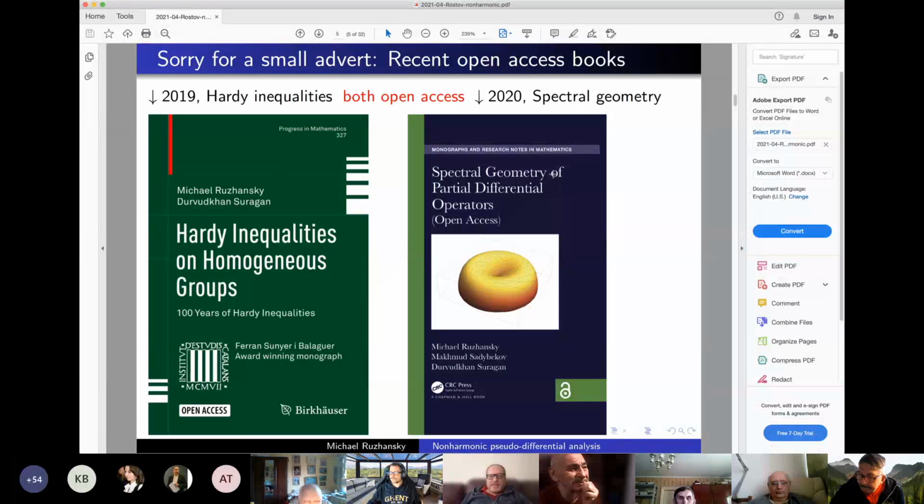And then another one, spectral geometry of partial differential operators. These are not related to this talk, but both books are open access, so that's why I show them here, that they can be downloaded for free. This is with some colleagues from Kazakhstan, also Makhmud Sadybekov.